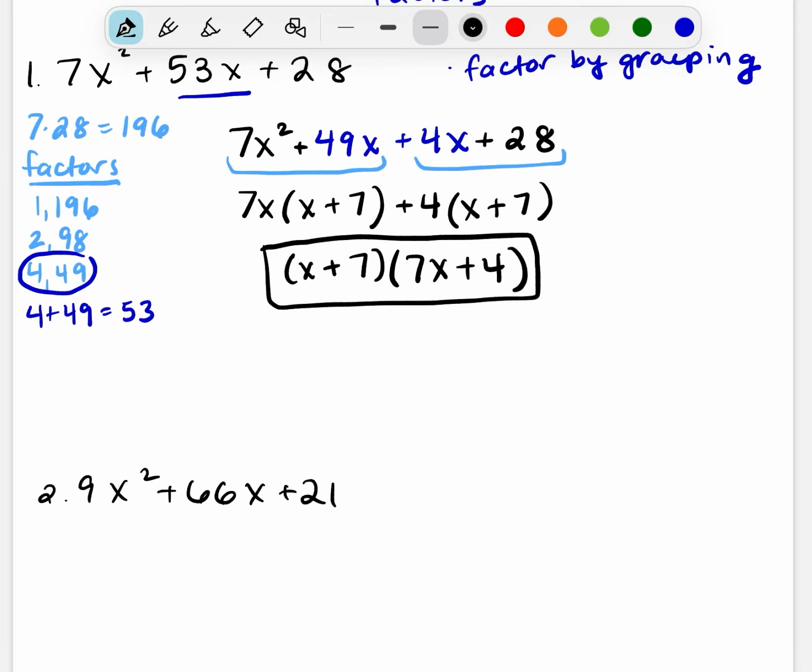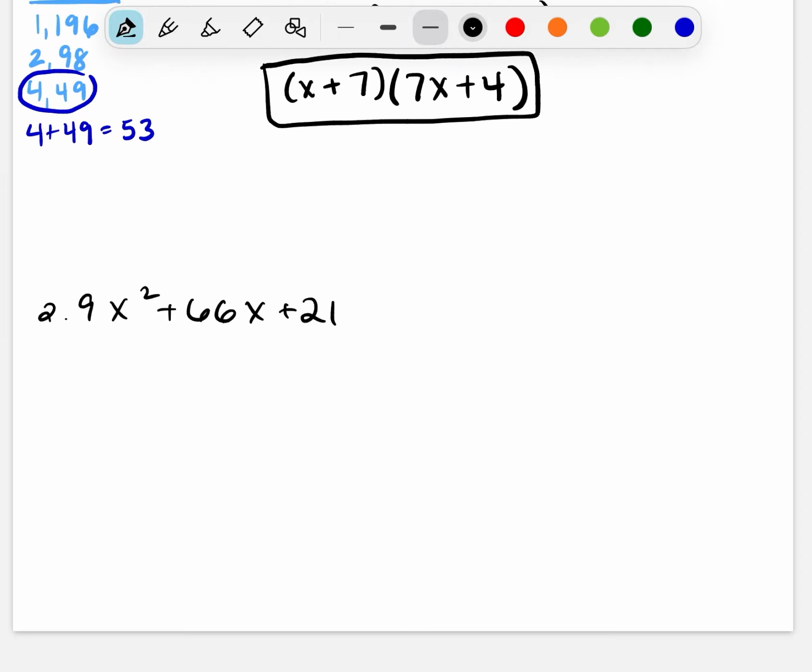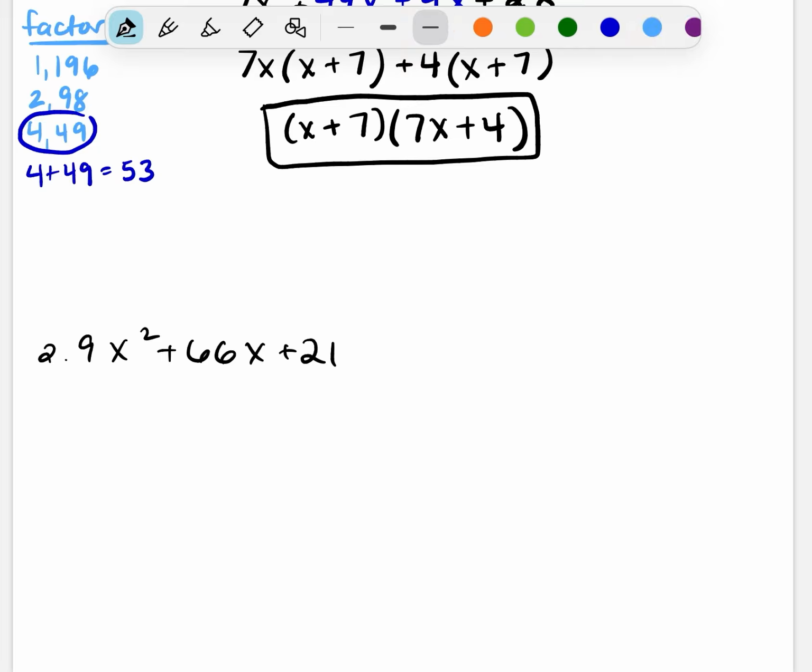So for the next one, 9x squared plus 66x plus 21, I can factor out a 3. 9, 66, and 21 all have a 3.